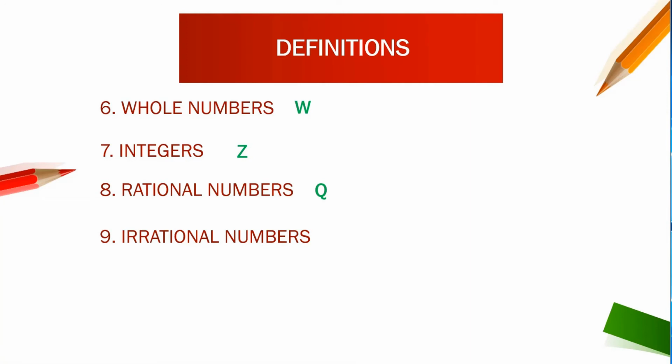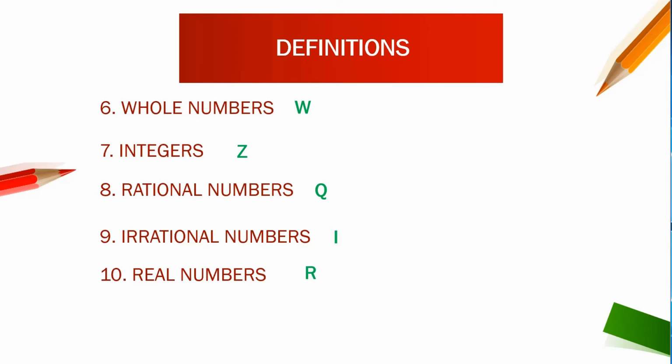We round it off to 3.14, but if you really divide 22 by 7, you're going to see that long stream of numbers that aren't recurring decimals. Irrational numbers are represented by the letter I. Our 10th definition is real numbers. Real numbers are all rational and irrational numbers.